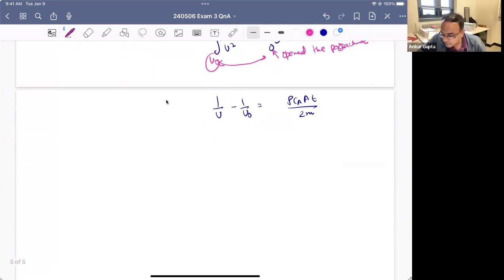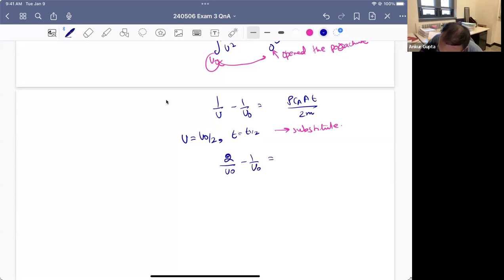So the question is, how do we derive t1/2? At t1/2, we want u equal to u naught by 2, and that will happen when t is equal to t1/2. So I'll substitute this: I'll get 2 by u naught minus 1 by u naught is equal to rho CdA t1/2 by 2m.